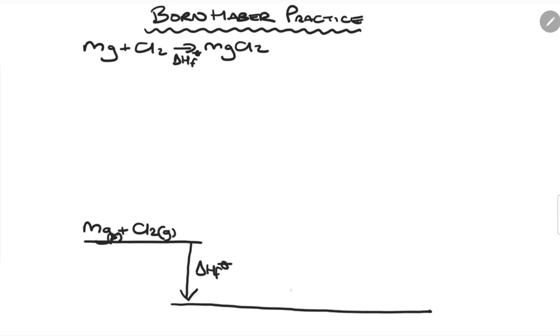We're going to assume in this example that it is exothermic. We'll work that out when we get the final answer. And we are going to produce magnesium chloride as a solid at the end there. So what we need to do now is go through each of the steps that we need for this cycle and get to the final calculation.